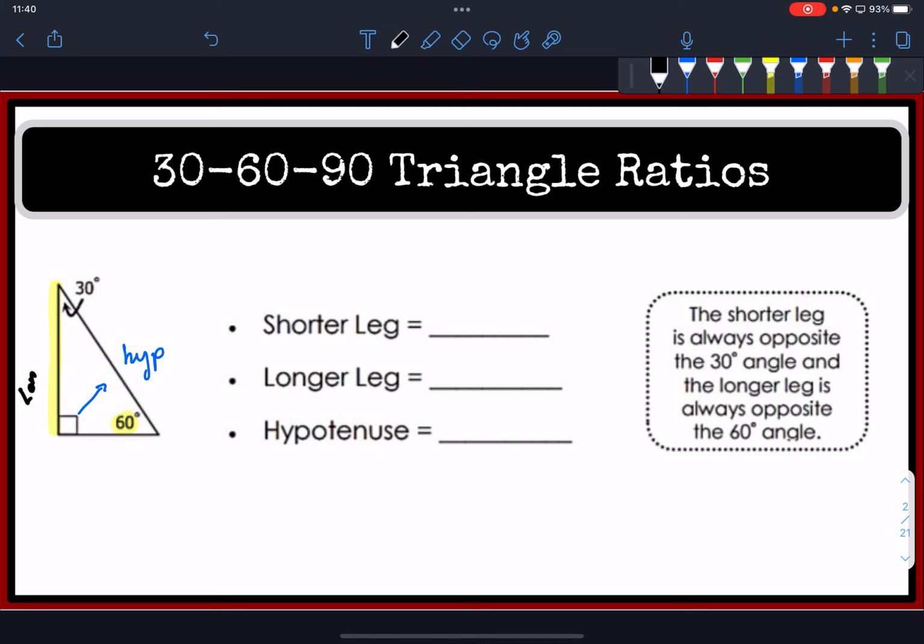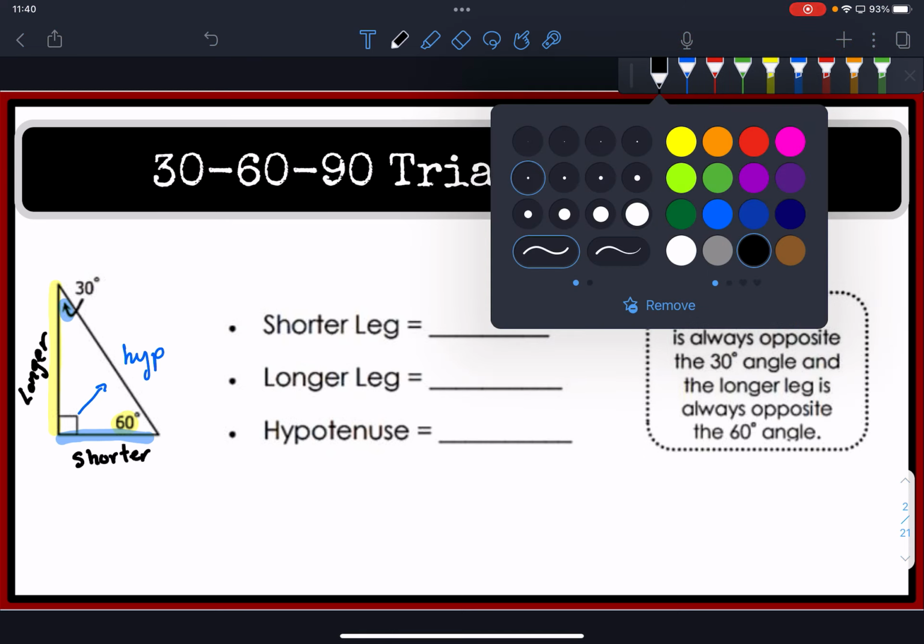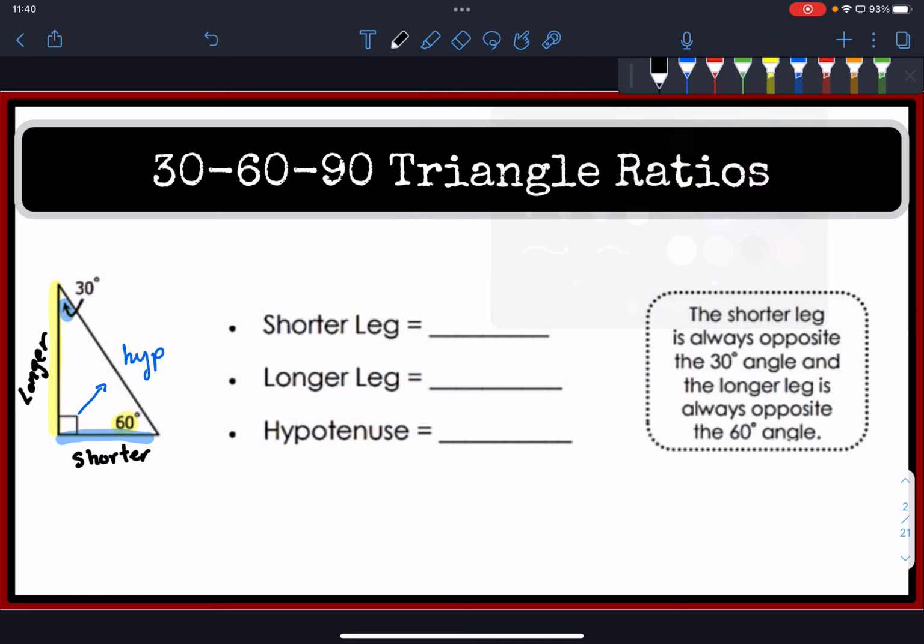So this is longer than this side down here, which is on the opposite side of the 30-degree angle. So this is shorter.